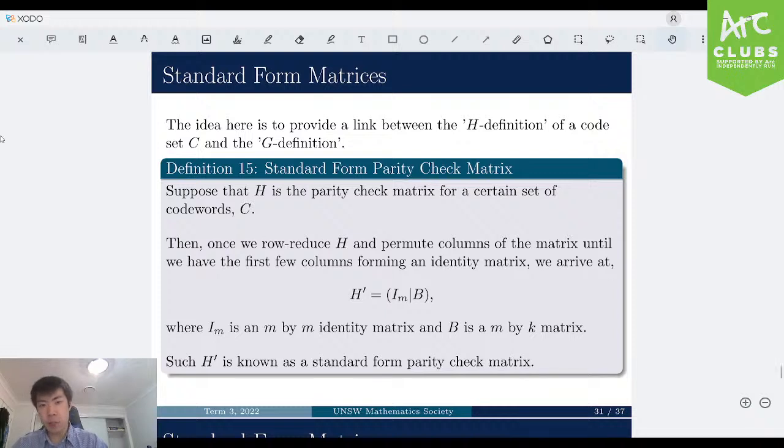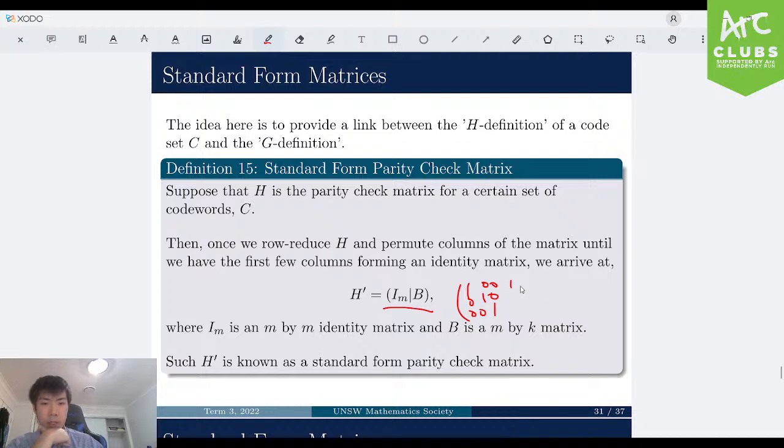Once we reduce H and permute the columns around, such that the first few columns are an identity matrix, we then have this form here, where we write H dash, the transformed parity check matrix, as being a matrix where the first few columns are, for example, something like this.